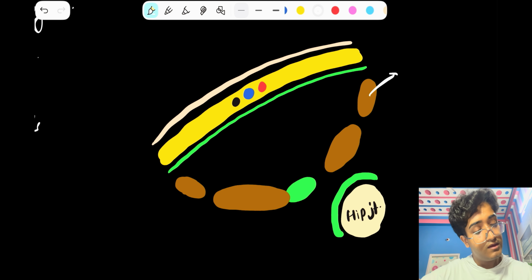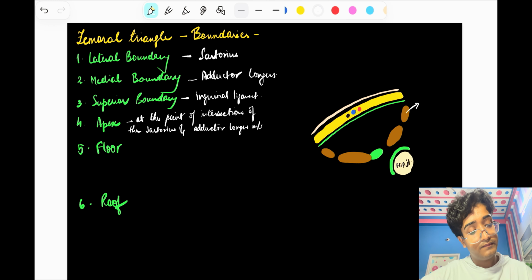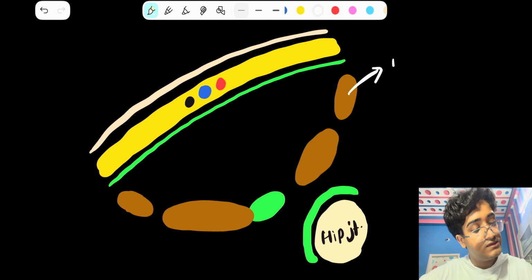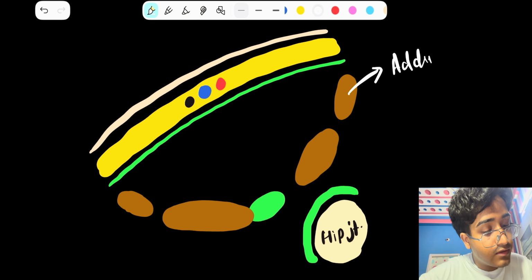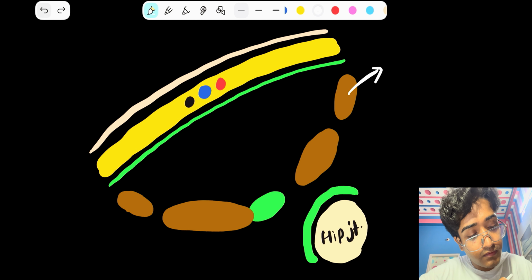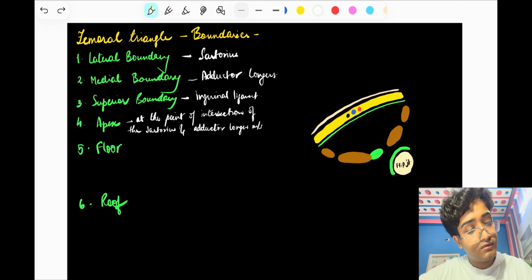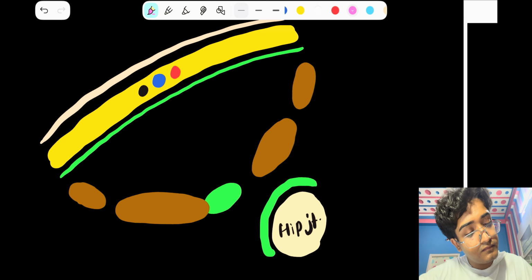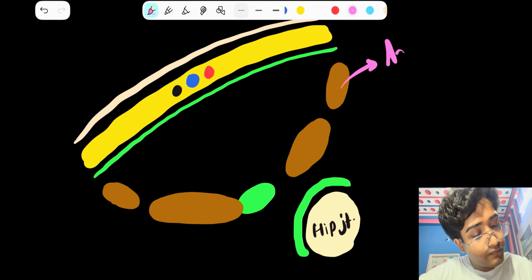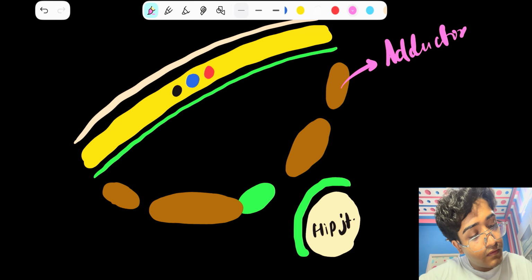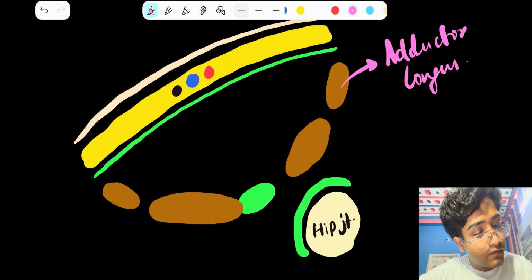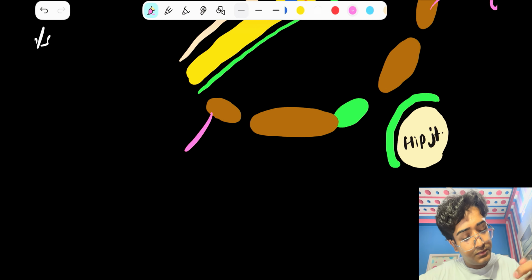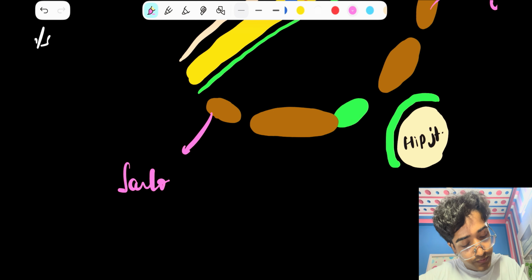So see, this is your medial boundary, formed by adductor longus, and this one is the lateral boundary, which is formed by the sartorius muscle.